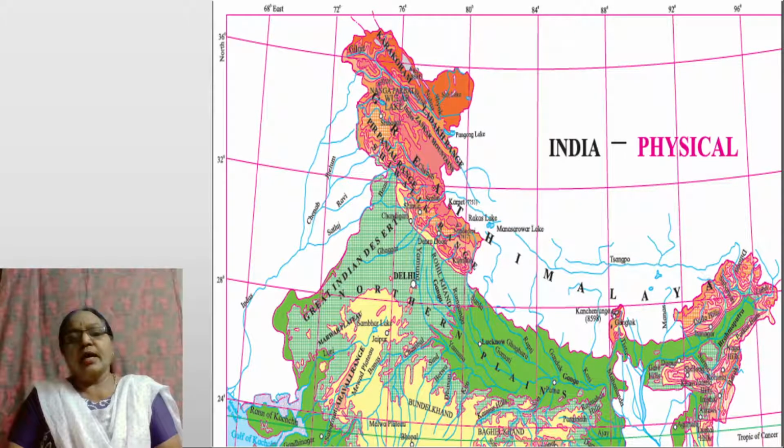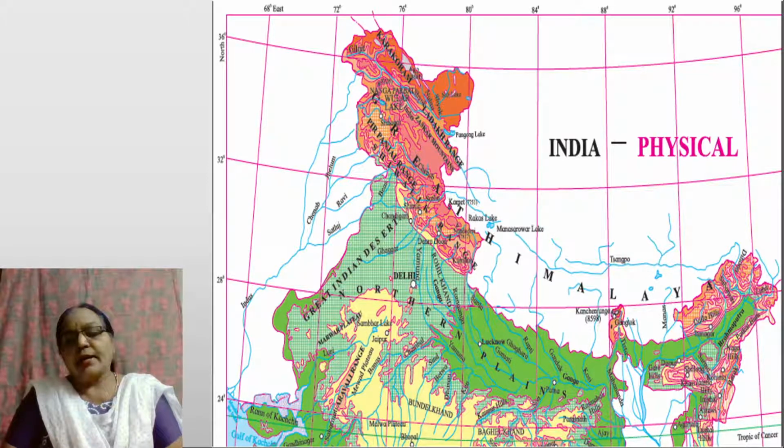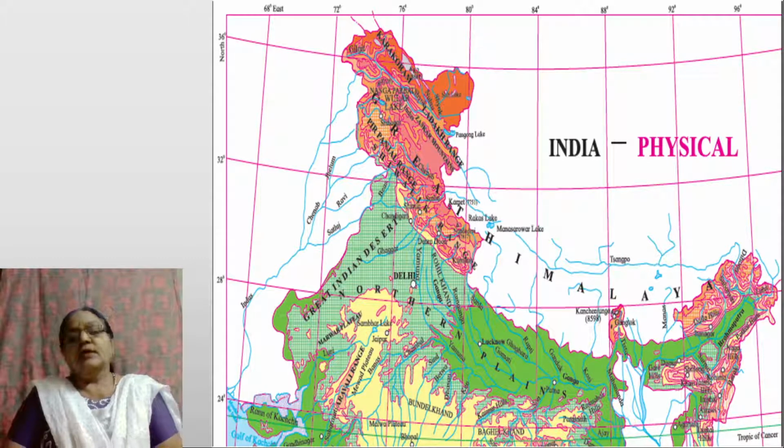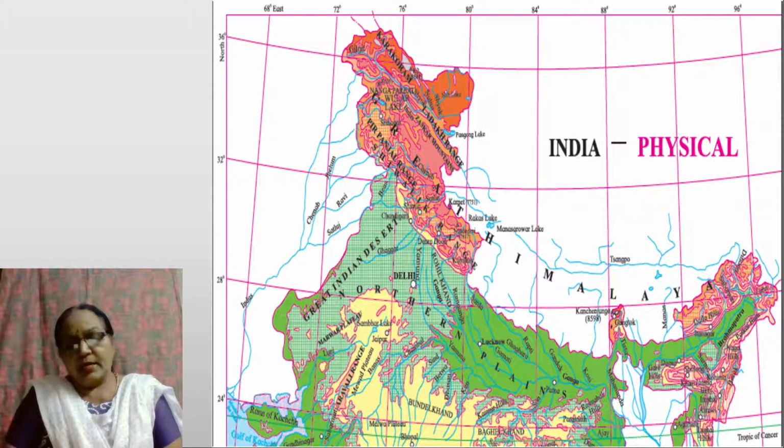Okay, now Himalayas are very important to India because they affect the climate of India. Cold winds coming from Tibet are blocked by the Himalayas. Apart from this, we find as the Himalayas are regions of permanent snow, most of our North Indian rivers like the Ganga, the Indus have their origin in the snow-capped regions of the Himalayas.